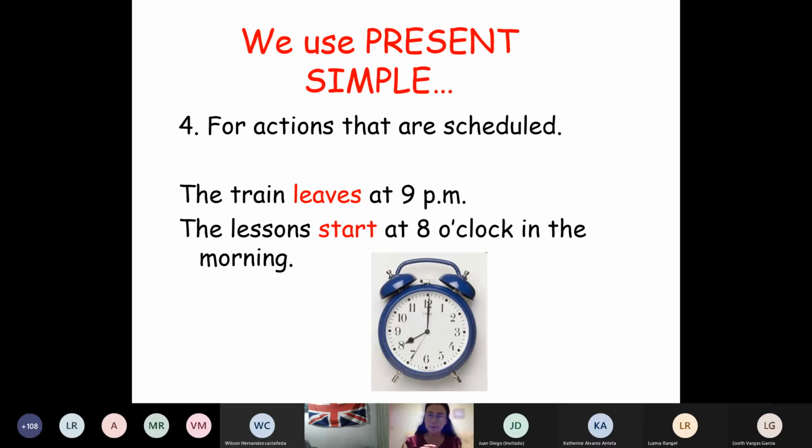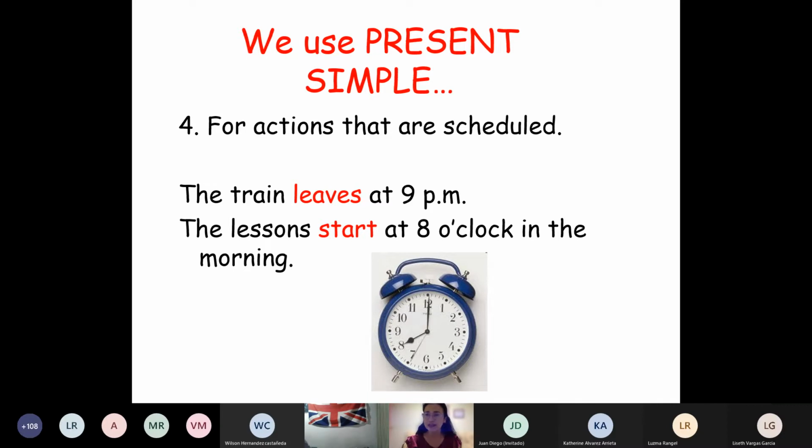Those are permanent schedules. My English class is on Monday from 8 to 9:30 p.m., for example. Another example of a schedule is about your job.